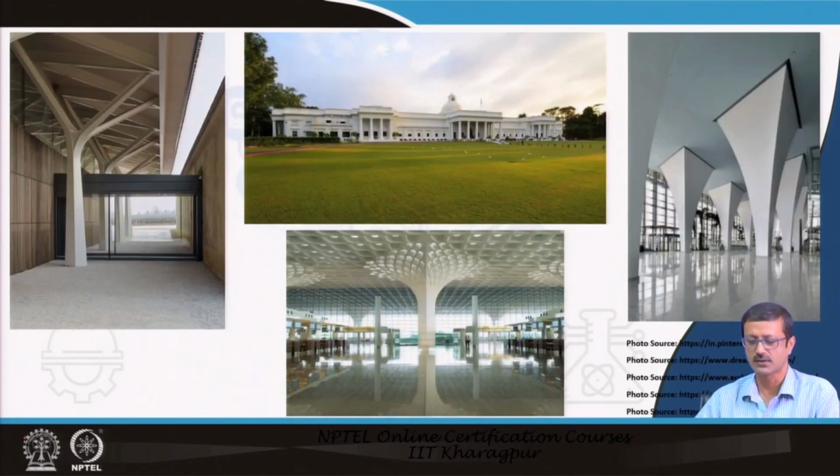So, these are some of the photographs I have taken from the net, and these photographs are of some modern columns. See, those we have just now seen in these last 2 pictures.